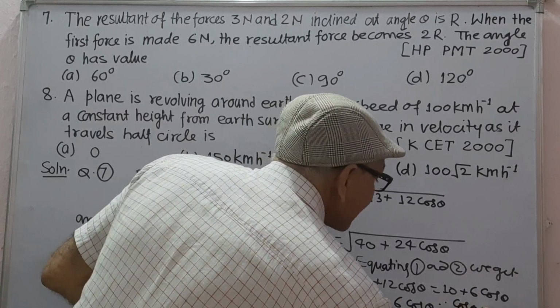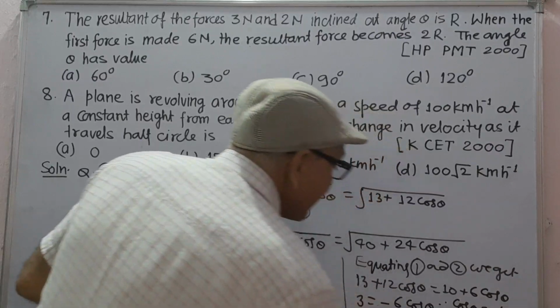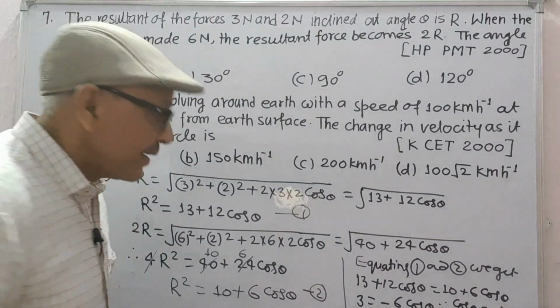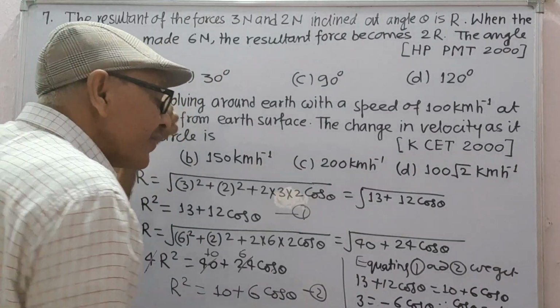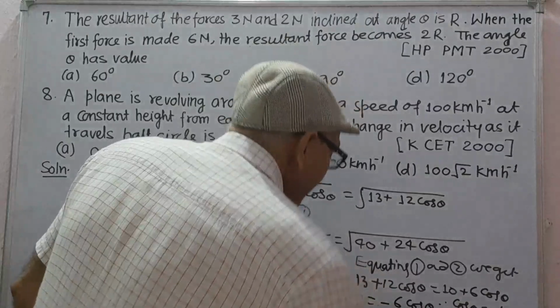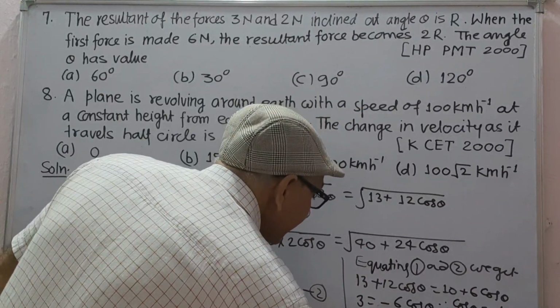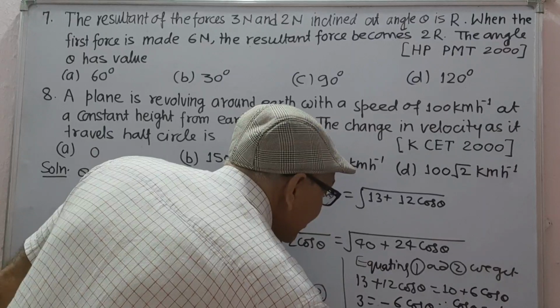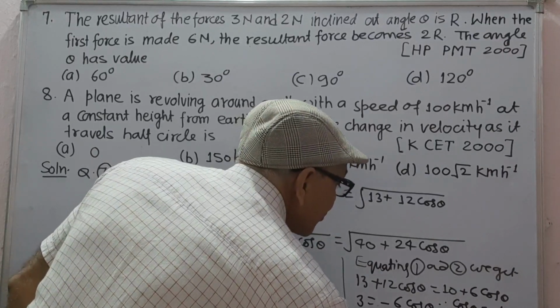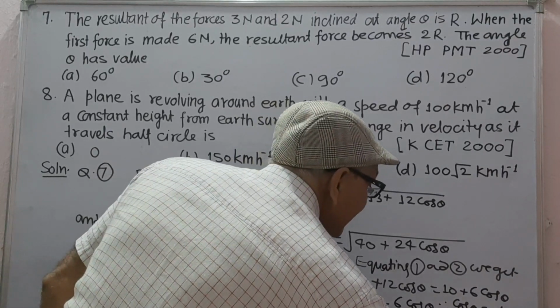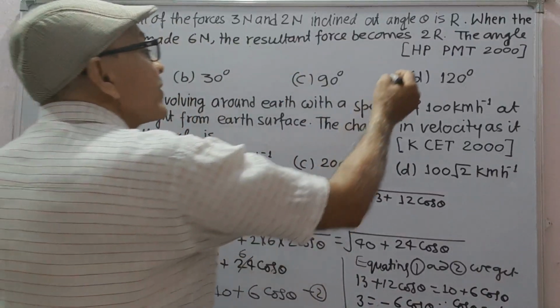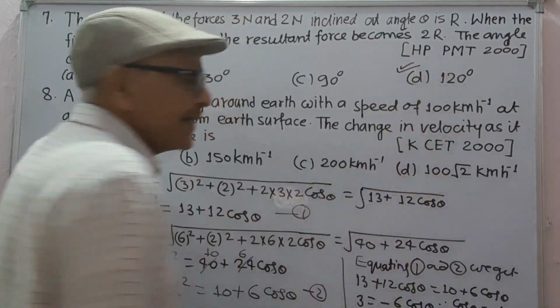Cos theta is equal to minus 1 by 2. Therefore, theta will be equal to cos inverse minus 1 by 2 is equal to 120 degree. Therefore, the correct option will be D.